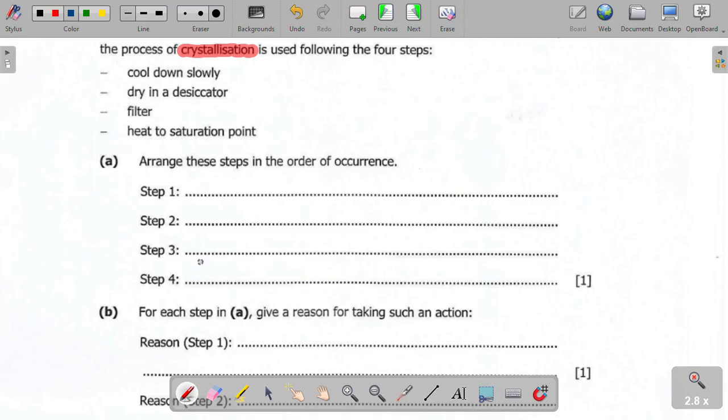Okay, so the first step is heat the solution, heat to saturation point.